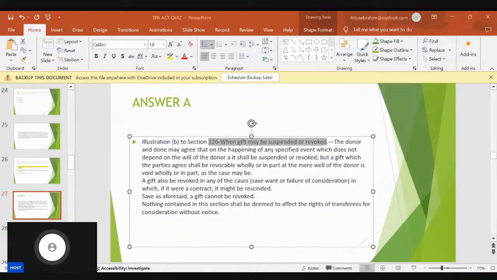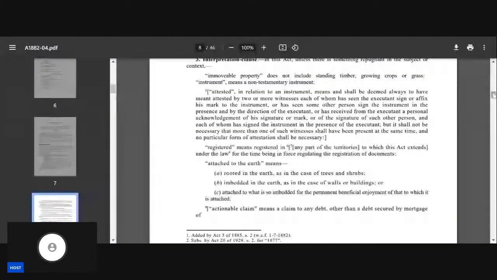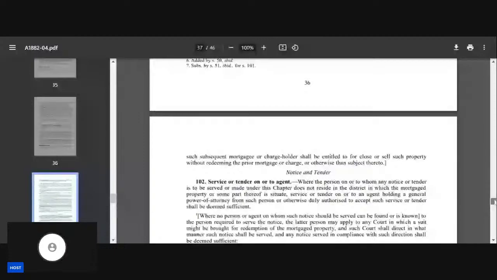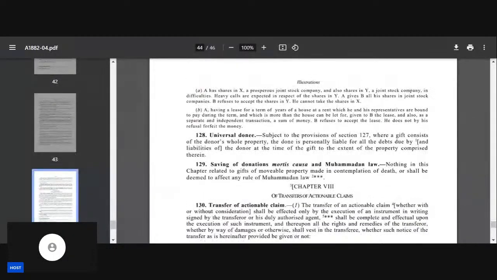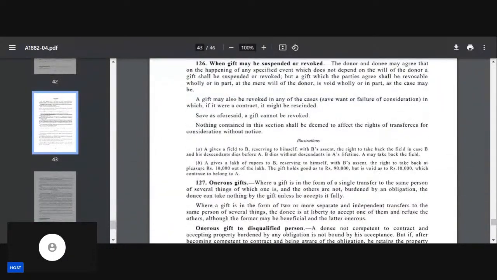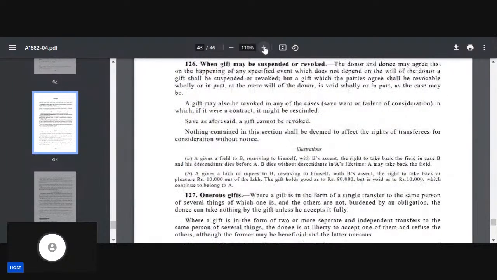Now in section 126, if you see the illustration, I don't know if I can show you the illustration, wait, I will show you, right? So I'll just quickly go to 126. Can you see the illustration here, students?